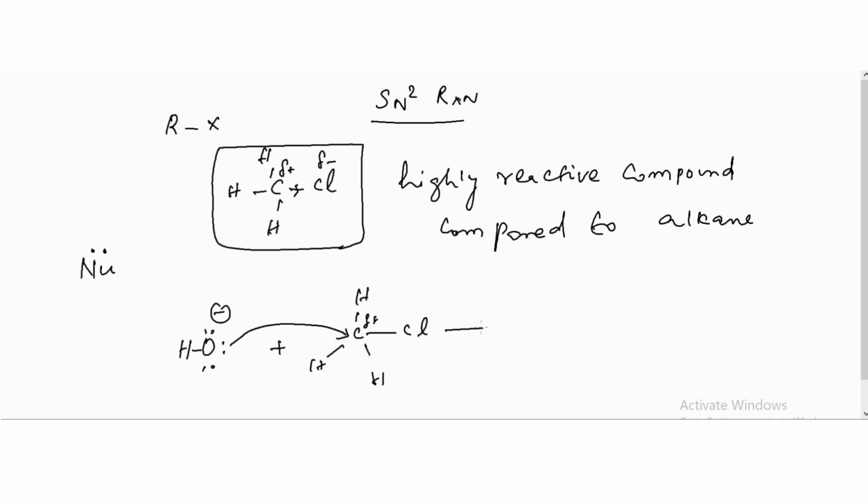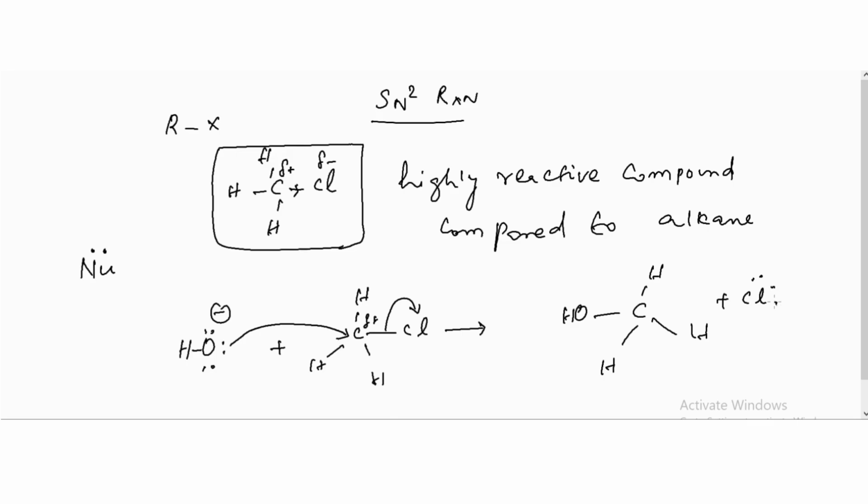As a result, it will displace the halogen, that is the chloride ion. And the chlorine takes away both the electrons, the carbon-bonded electrons, along with it.